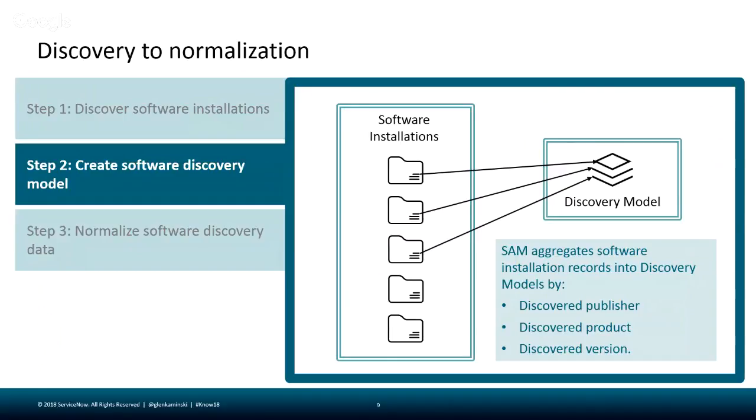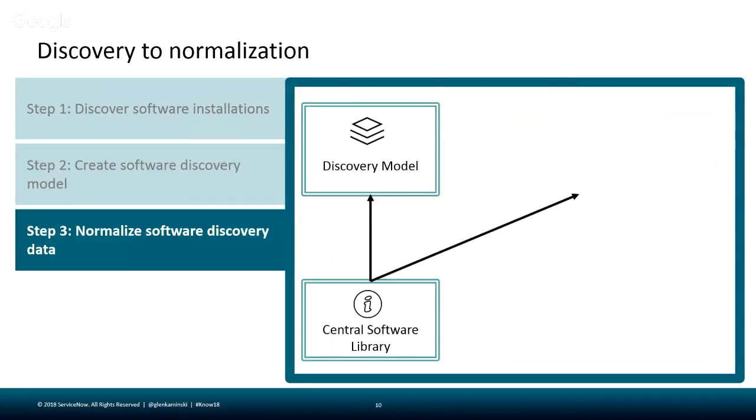That includes datacenter, desktop, Macs. Everything that you are discovering can be brought into ServiceNow either through our out-of-the-box included software integration packages, or you can create custom integrations as well. So that's the second step, is to create the software discovery models.